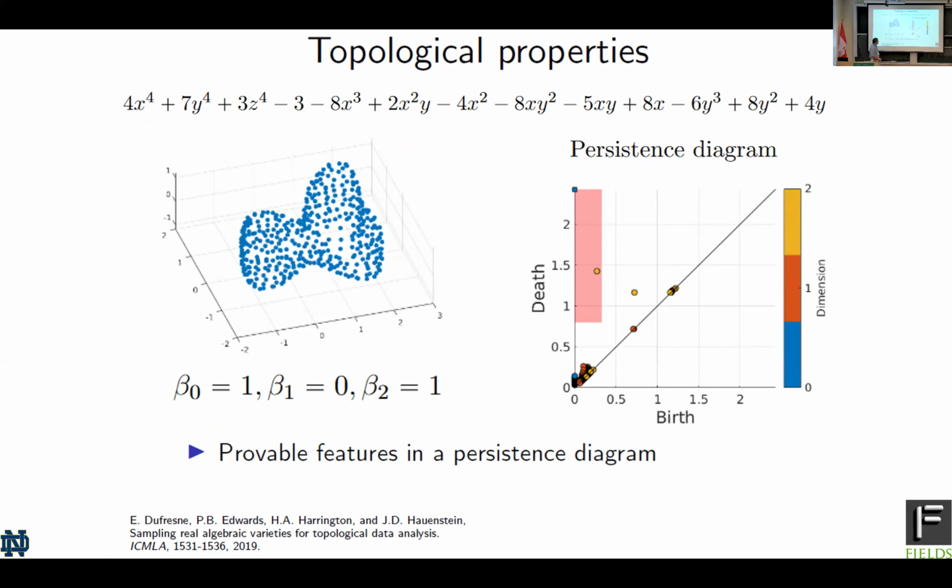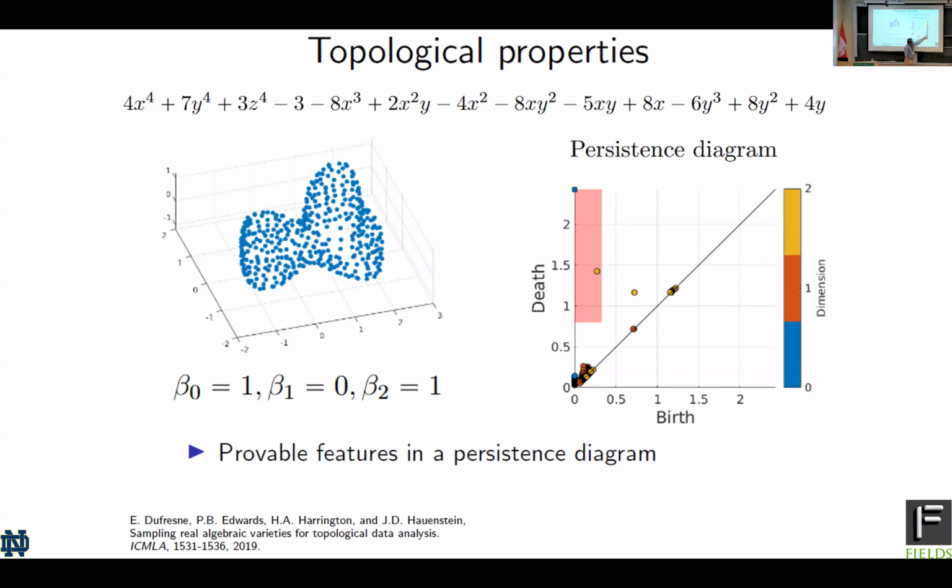Theoretically, the Betti numbers are 1, 0, 1. And what you can see in this persistence diagram, we have this section here colored. I don't really know what color it is showing up on the board here. On my computer, it's salmon colored, but I'm not sure what color that is. If you lie inside of that region, there's a proof that those features actually exist.